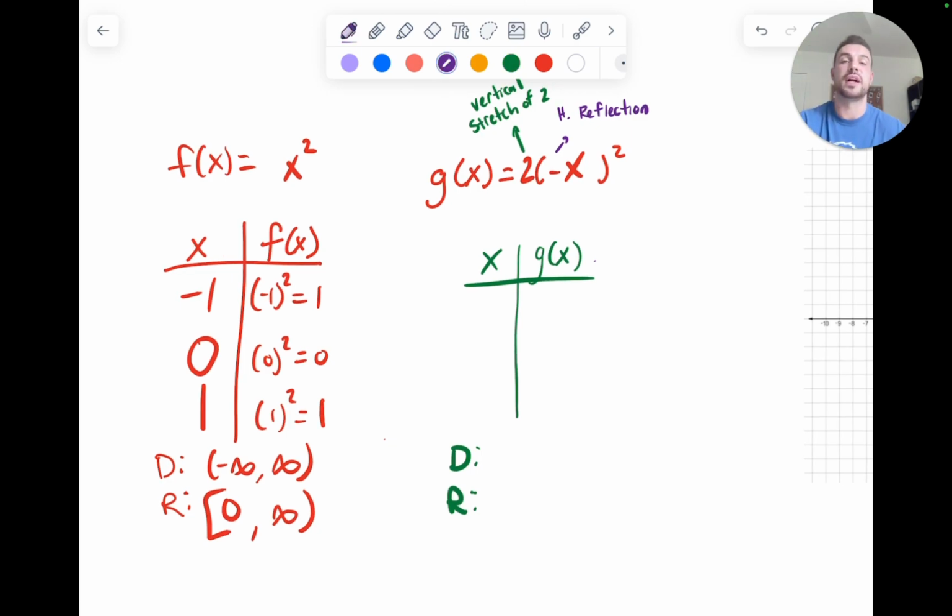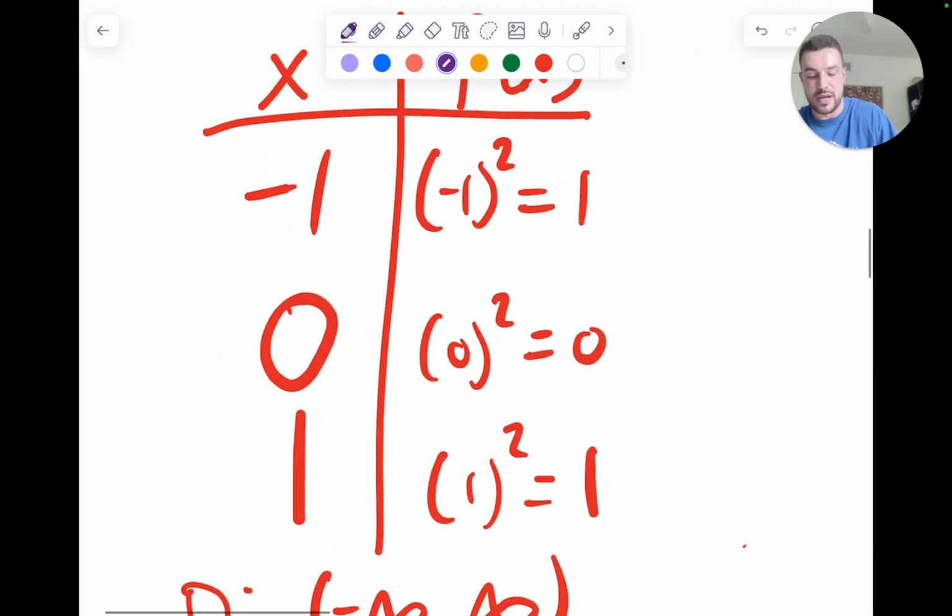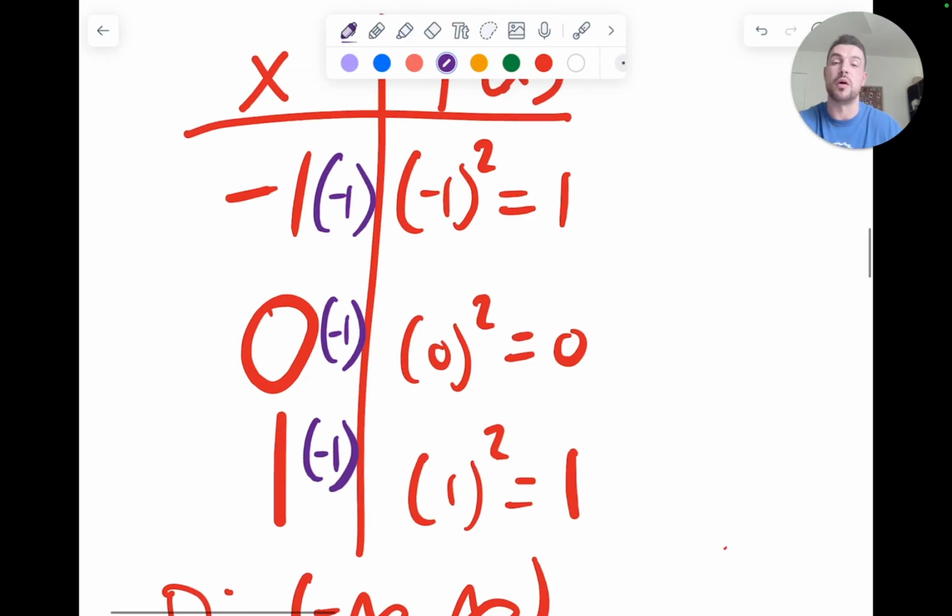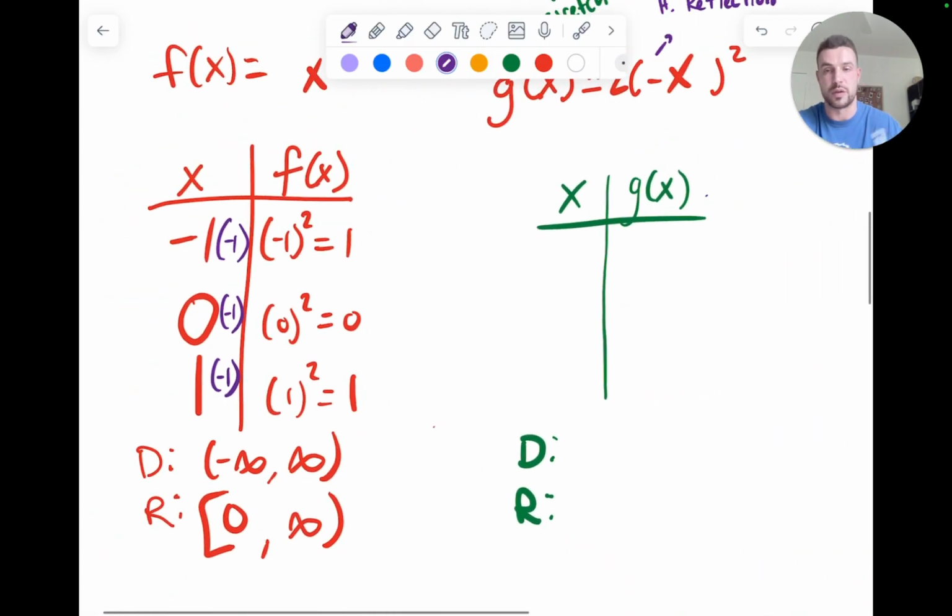If I'm going to reflect something horizontally, it's going to flip from left to right. What that means is our negatives are going to become positives, and our positives are going to become negative, which we can see by multiplying by -1. So we get +1, 0, -1. So essentially our values just flip-flopped, all right? And we'll talk about why that is in a second.